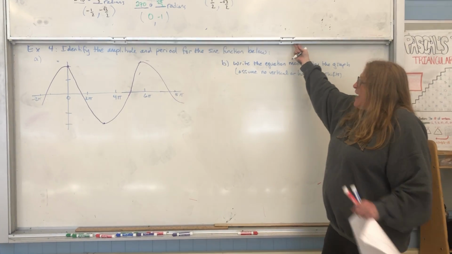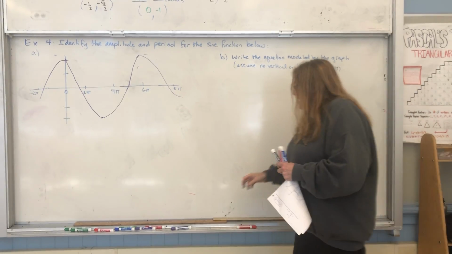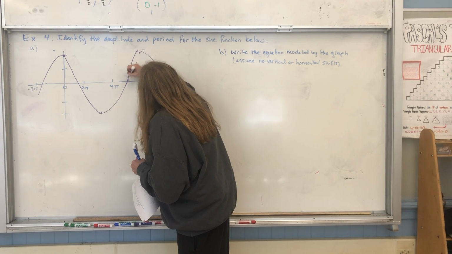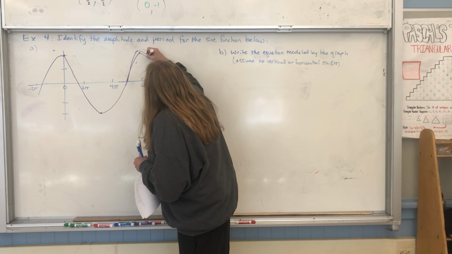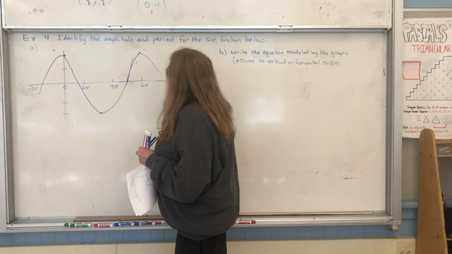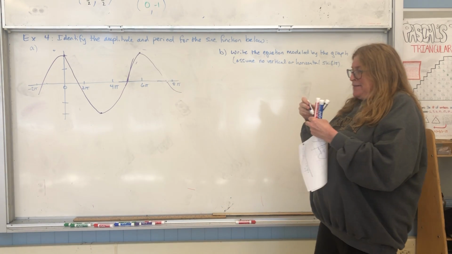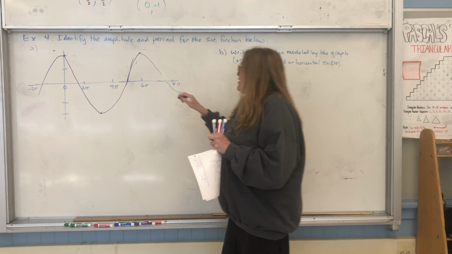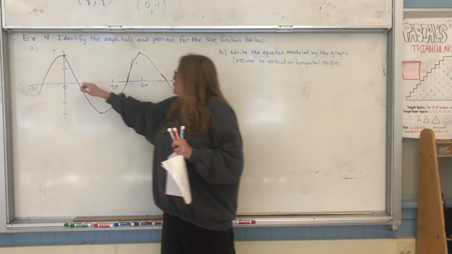Okay, guys, we have a graph. And they're telling us they want us to, again, my graph doesn't look so good. They want us to identify the period and the amplitude. Okay? Well, we know amplitude is how high up or how low down it goes. So what's the amplitude?